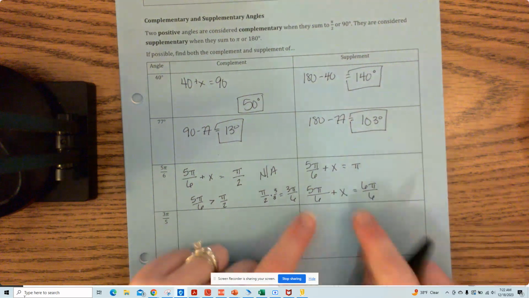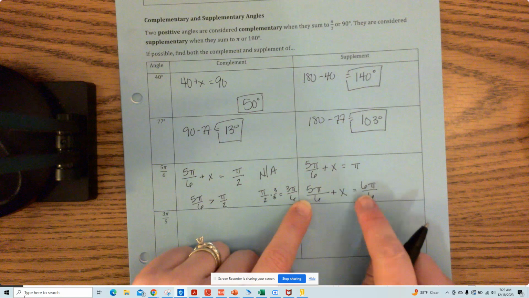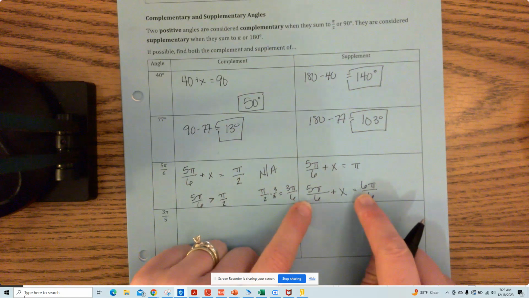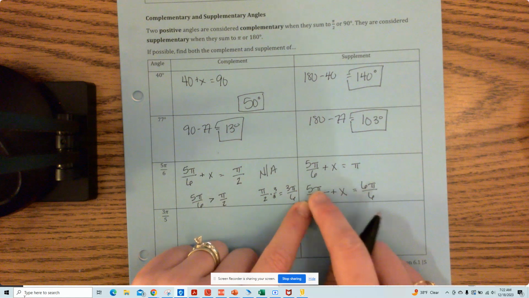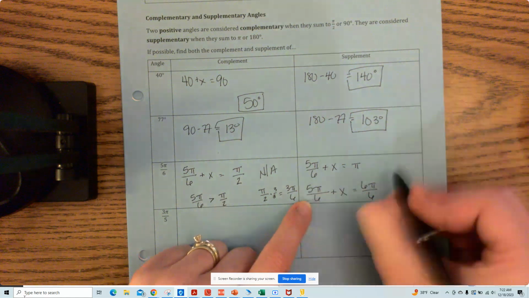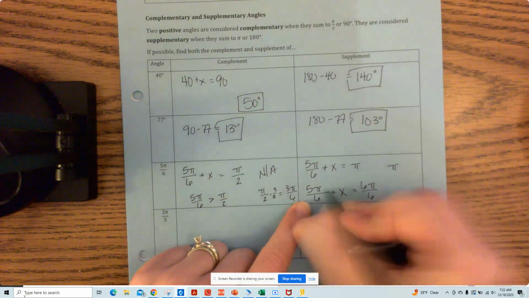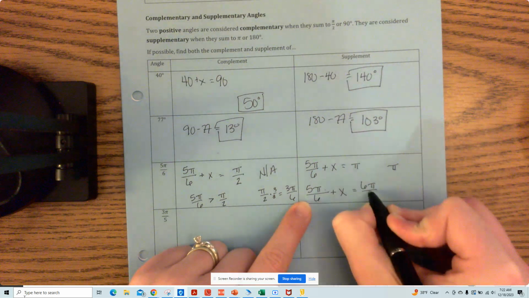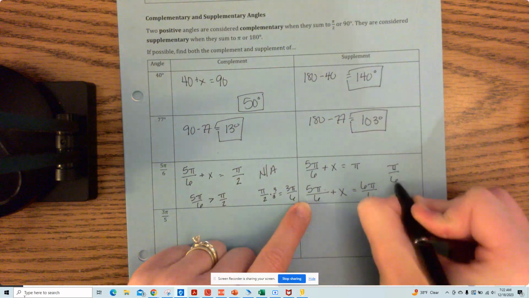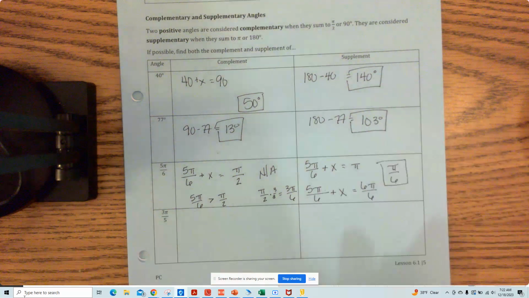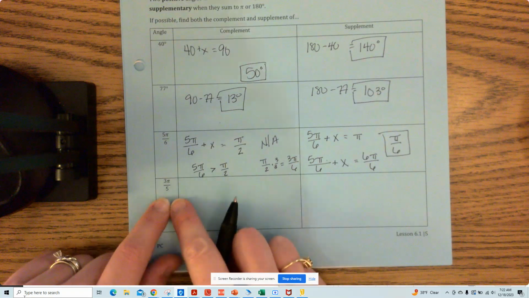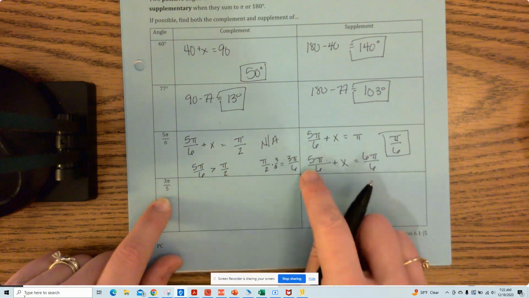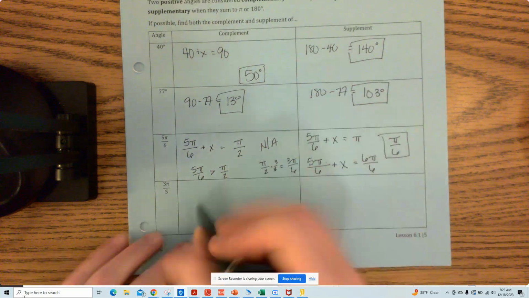Okay, hang with me here. To turn a 5 pi into a 6 pi, we have to add 1 pi, not just a 1. So 5 pi plus pi equals 6 pi, and the bottom has to be the same. Okay, fraction rules.